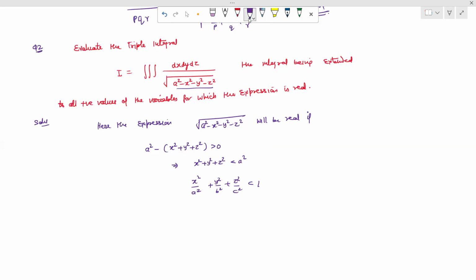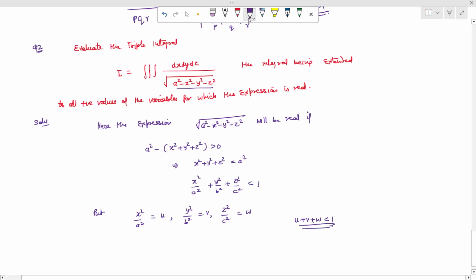So now we can use a substitution again. We put x square upon a square is equal to u, y square upon b square is equal to v, and z square upon c square is equal to w. So this makes u plus v plus w less than 1.